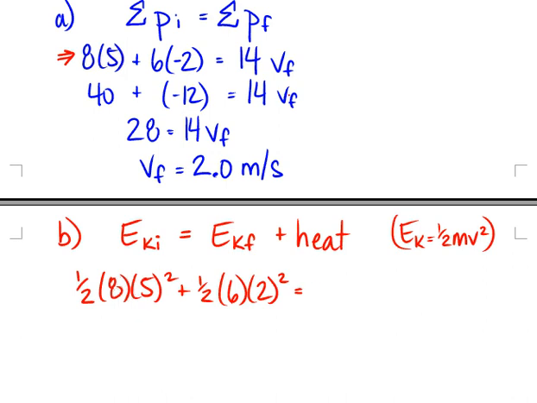So that's equal to, now I've got this 14 times VF, so to turn that into a kinetic energy, it's 1/2 times 14 times 2 squared. That was the final velocity we solved for. And then we're going to have some heat.